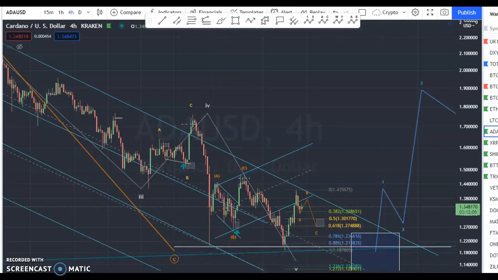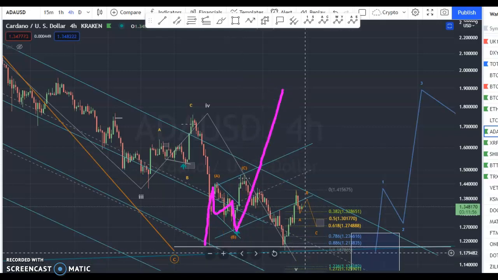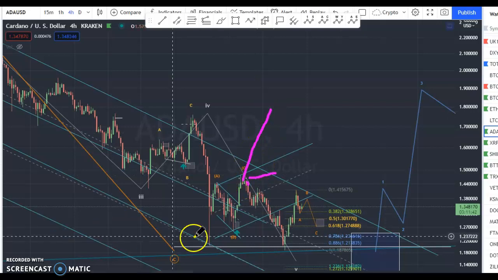I was hoping that this would be the impulse for 1, that's my beautiful retrace for 2. I got in there in the box and I was hoping it'd be the 3. Unfortunately, it was just the ABC for more low. Luckily, there's my dotted line, so I managed to close with profit. There was a chance I took there. I should have held on to see if it keeps going, but it showed that it's just not going to do it, so I got out.